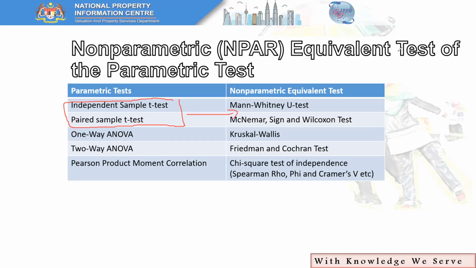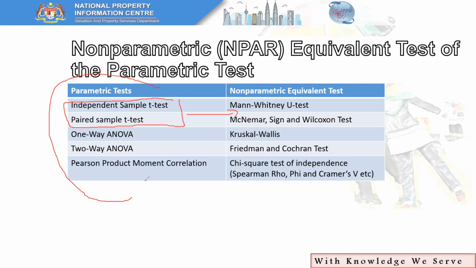No, you still can proceed with hypothesis testing, but using the non-parametric equivalent test. But in terms of explanation later, probably you have limited points to be explained when you use the non-parametric test.